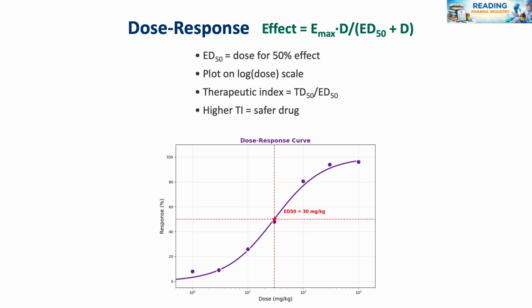If you plot this on a log dose scale to see the full curve, as can be seen here, the therapeutic index is TD50 divided by ED50, which implies a higher value means a safer drug with more options between effective and toxic doses.